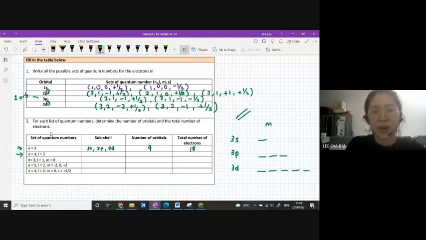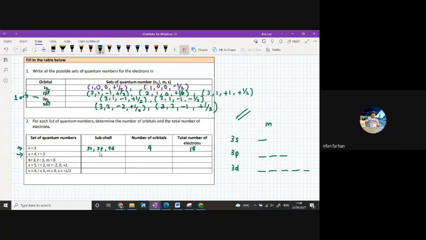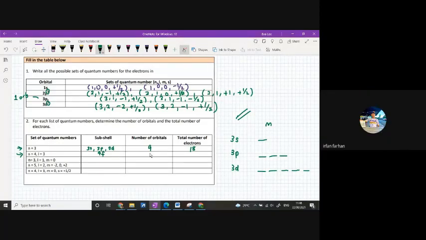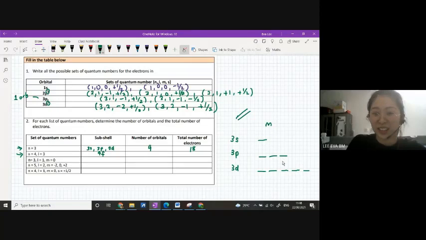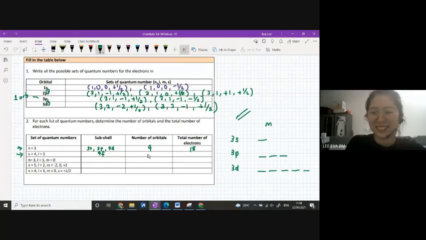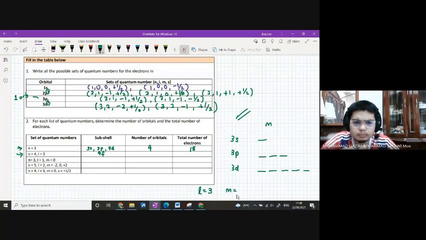n equals 4, L equals 3. So what is your subshell? 4f. For f. Thank you very much. So number of orbitals, kalau f? 7. Hey, value of f is equal to 3. So value of m?